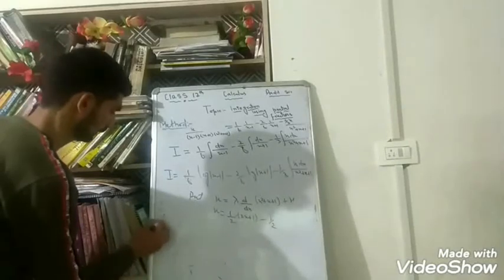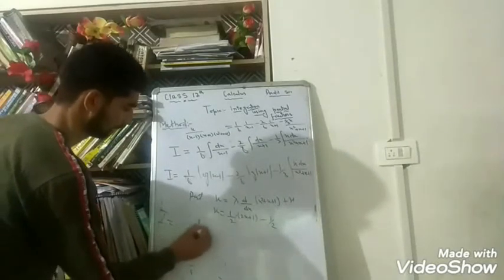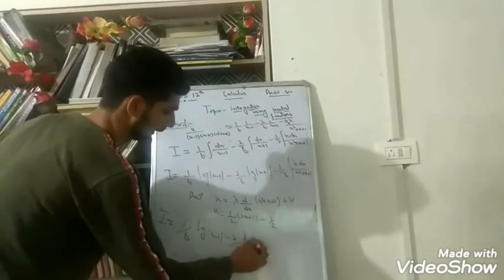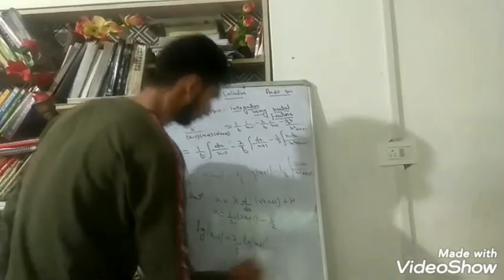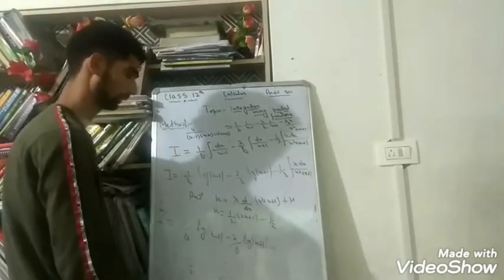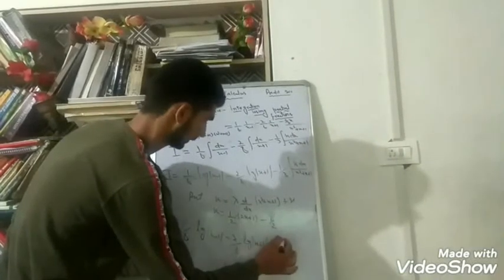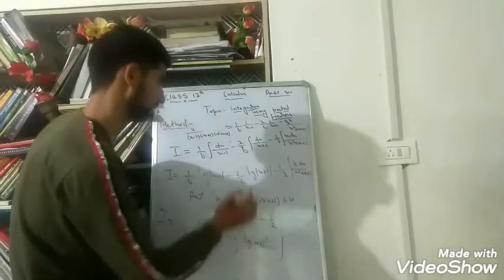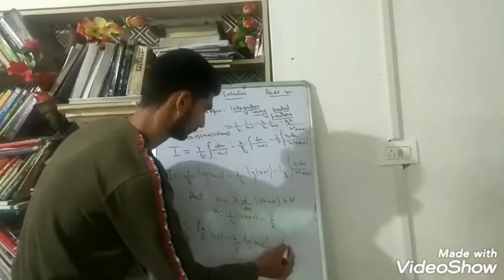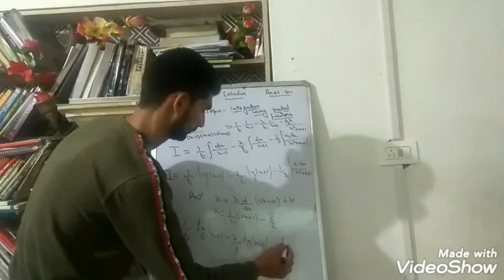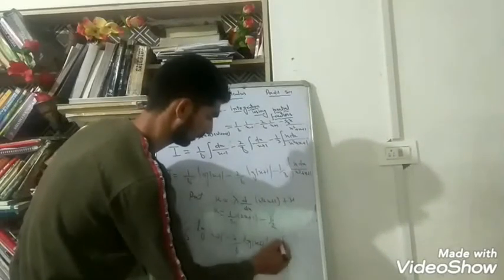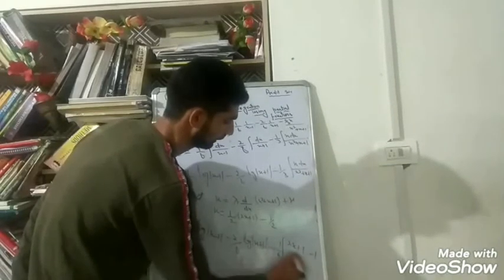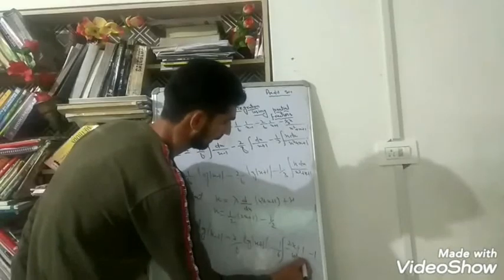Then it will be I is equal to 1 divided by 6 log of x minus 1, minus 2 divided by 6 log of x plus 1, minus this 1 divided by 2. We will factorize here. So we will get 1 divided by 6, and then 2x plus 1, minus 1 divided by x square plus x plus 1.